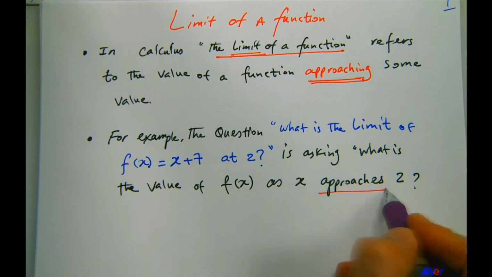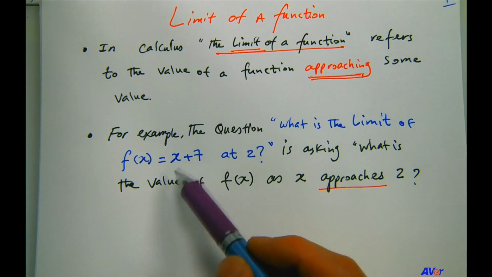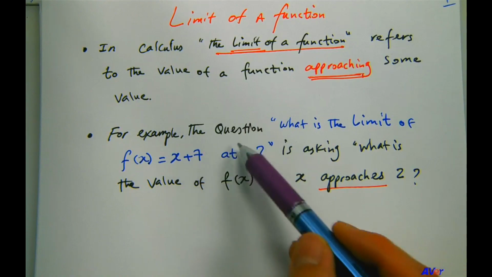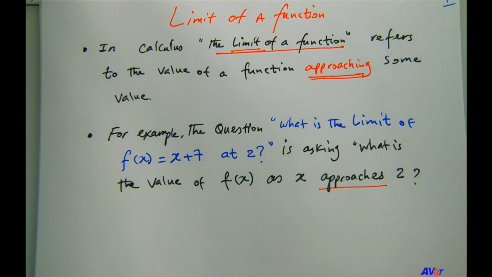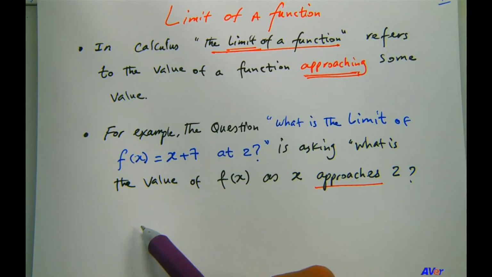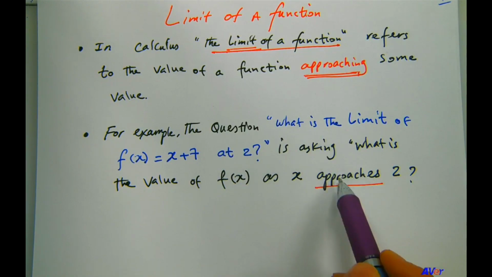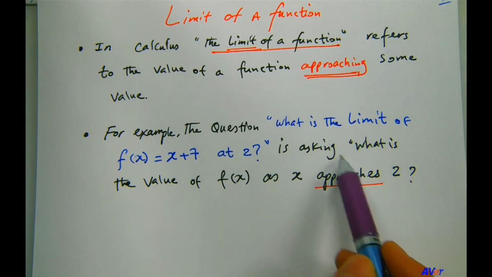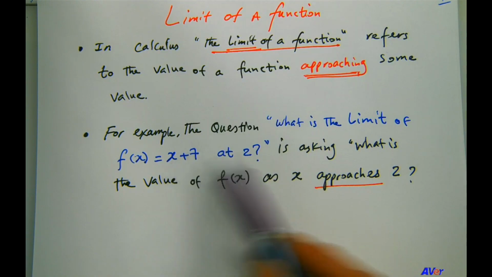Again, I'm going to underline that word. In this example, I picked a really simple example to make sure that we understand what is meant by the limit. But we will get to more examples that are not so straightforward. And you'll see why it's so important to understand that a limit is the value of a function as the input variable approaches some value.